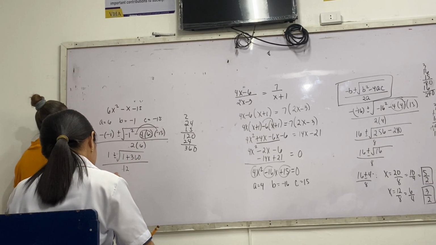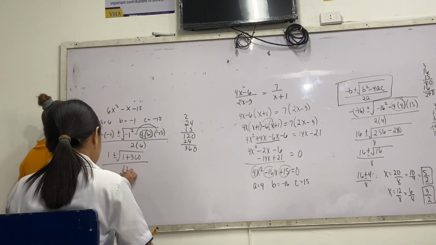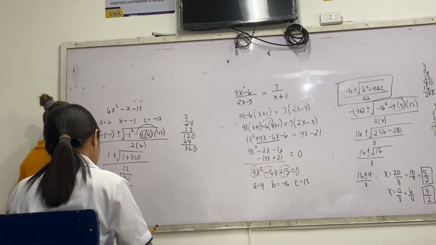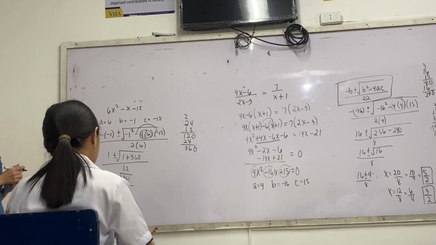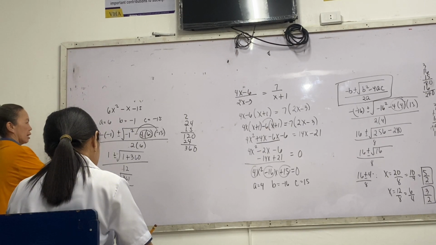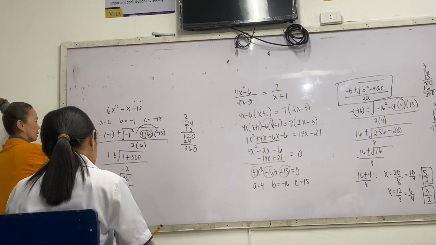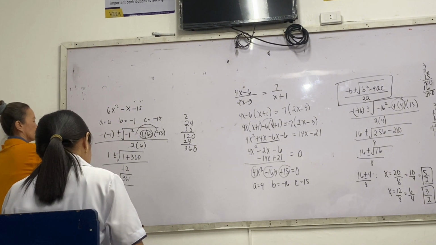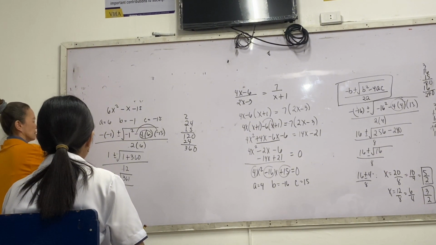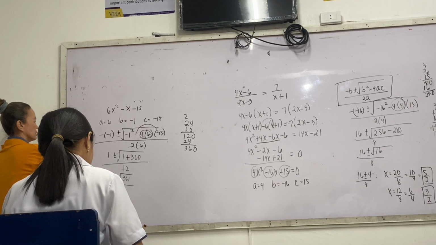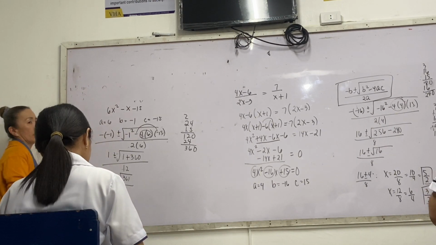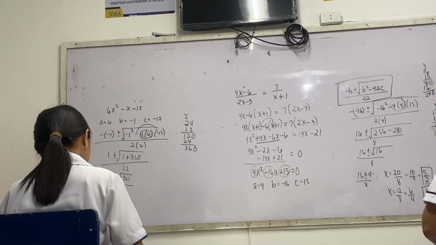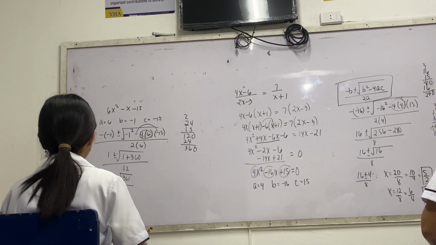So 1 plus minus the square root of 361 over 12. 361 is what? Try natin sa 19, 17, then we have 9, 1. Tama, 361. So the square root of 361 is 19.